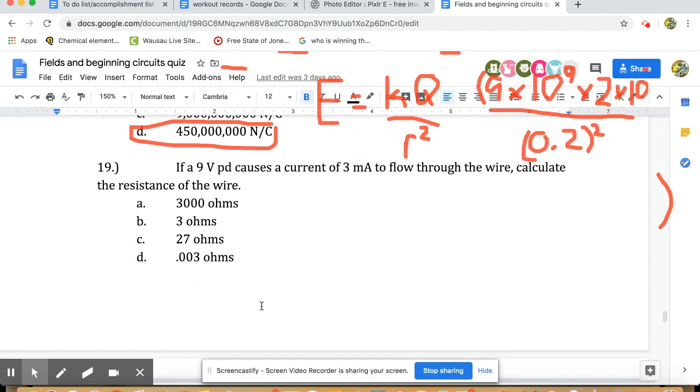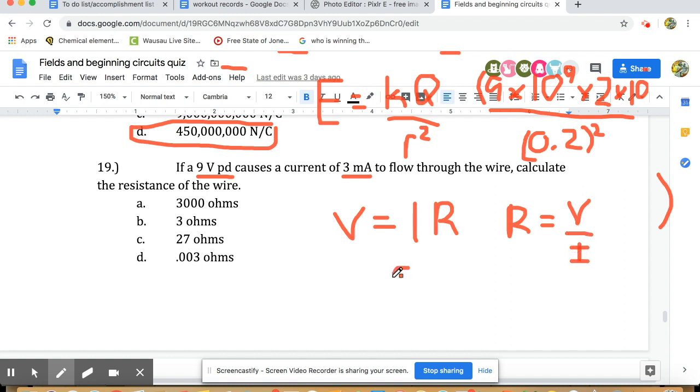Number 19. A 9-volt potential difference, such as a 9-volt battery, causes a current of 3 milliamps. Now this means that we're going to use good old V equals IR to calculate resistance. Let's rearrange this for R. R would equal V over I. And then plug in the numbers here.